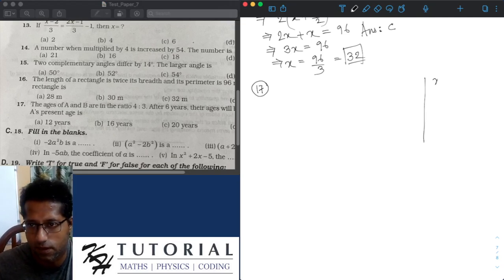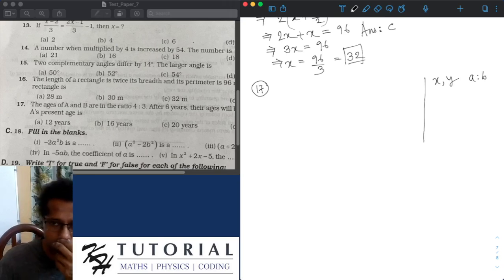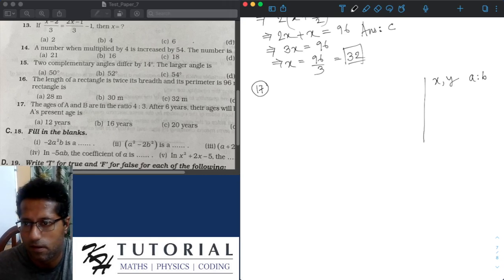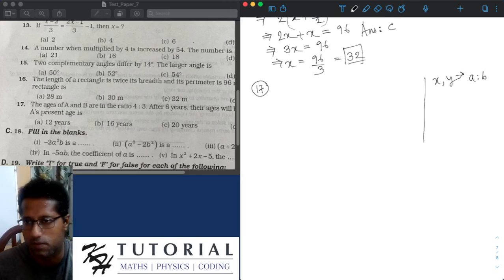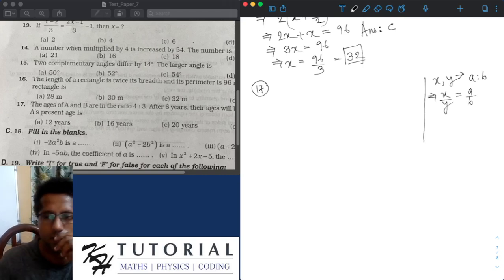We know the concept of ratio is that if two numbers, let's say x and y, are in the ratio a is to b, where a and b are some non-zero integers, then from this we can say that x by y equals a by b.